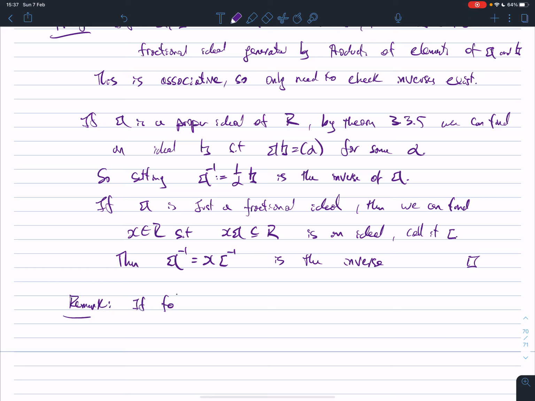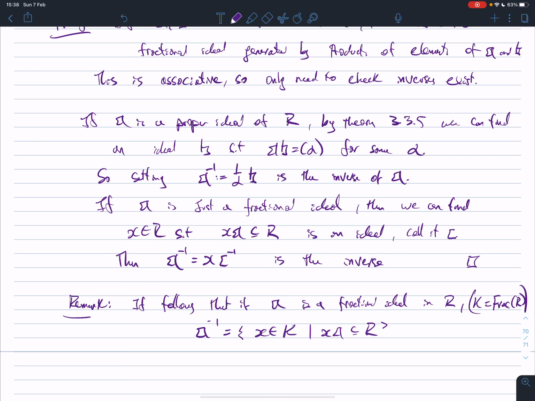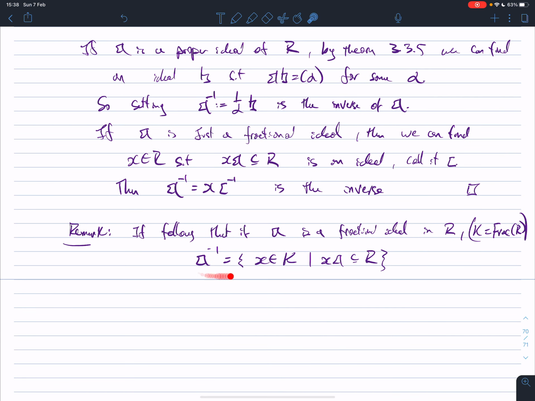It follows that if A is a fractional ideal in R, then A inverse is just the set of all x in K, K being, as always, the fraction field of R, such that x times A is in R. So this is what the inverse of a fractional ideal is: just all the elements in K such that x times A is in R.